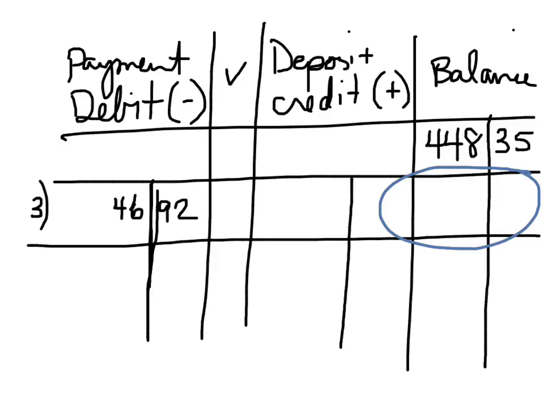Do you add that or subtract it? I subtract it. Again, these lines, like this one right here, and that one right there, those 3 lines are where decimal points go. So when you use this one, take $448.35 minus $46.92, and how much money is in my account?